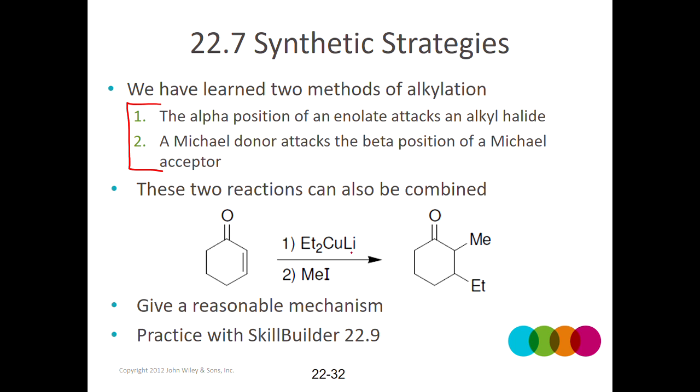So any of these Michael donors that are relatively weak nucleophiles, what's nice about these, we'll just look at this one where there are two ethyl groups, is they're weak enough that we expect them to attack the beta carbon of the alpha-beta unsaturated carbonyl, push electrons up here.